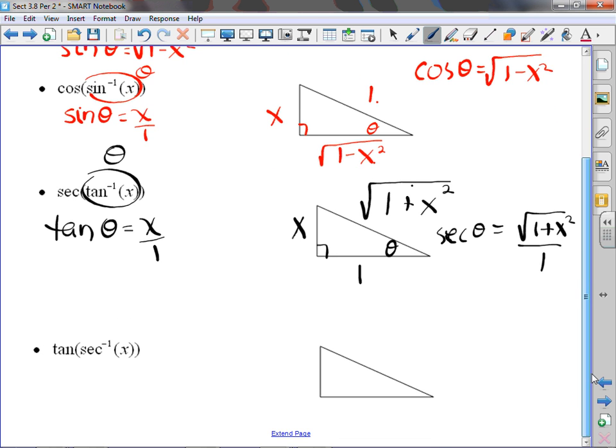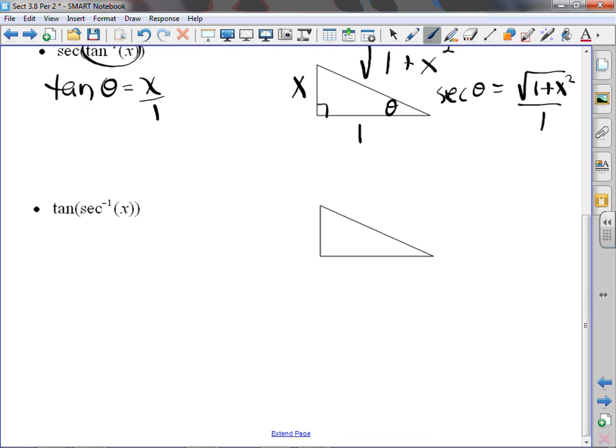Okay, one more. So this is my angle. I call it theta, secant of theta is equal to x over 1. So secant's x over 1. What's the hypotenuse? X. And this leg that's adjacent is 1.